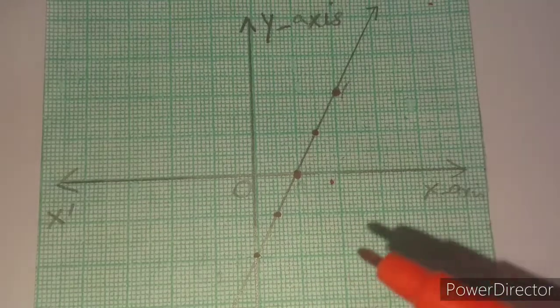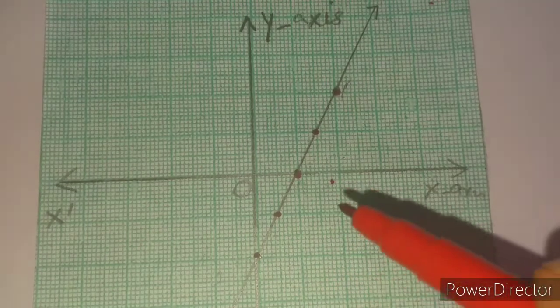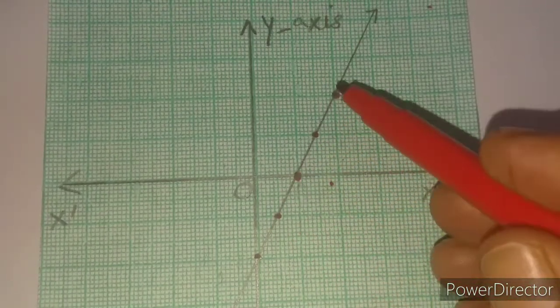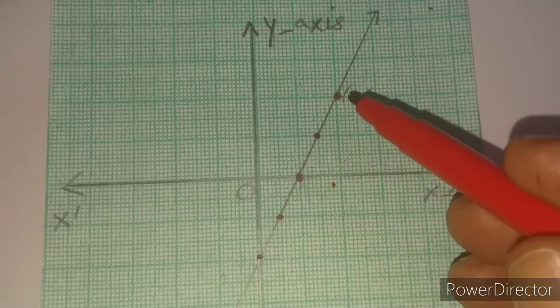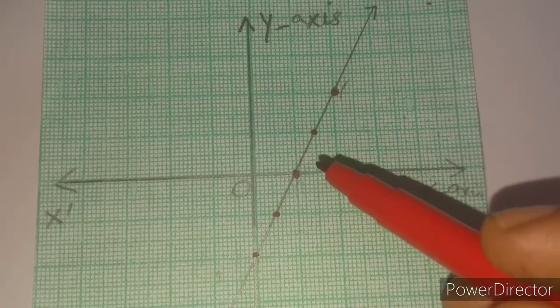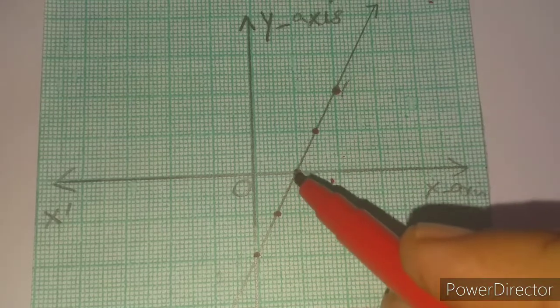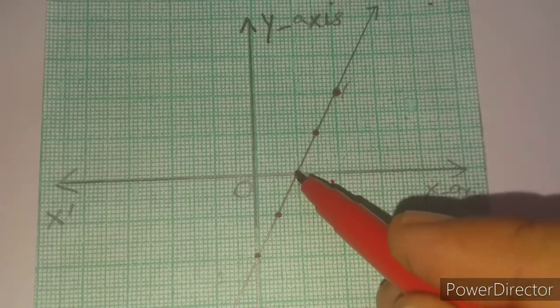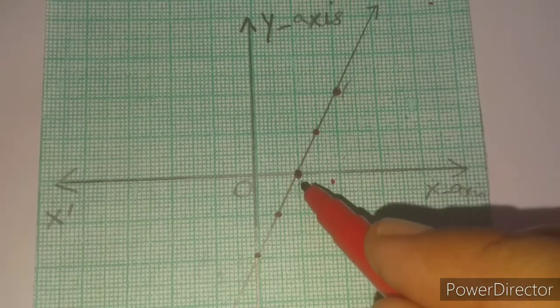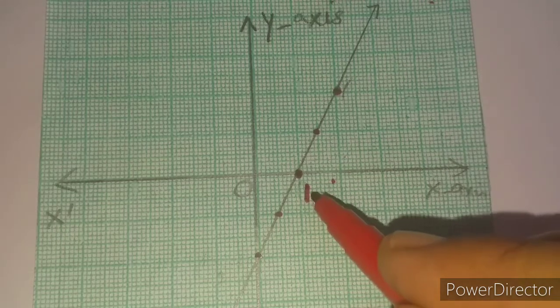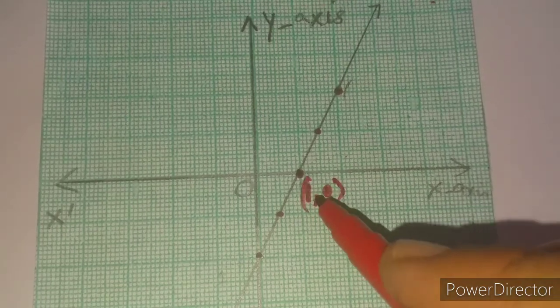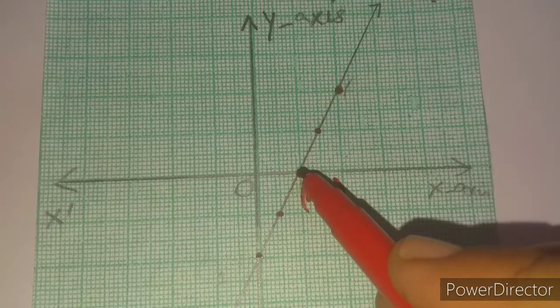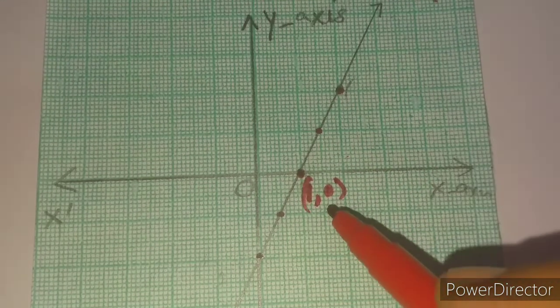Now let us analyze this geometrically. This line is a combination of so many points which exist on it. Suppose I talk about this point, because it lies on the x-axis, let us say it is (1, 0). This point lies on this line. What does it mean?